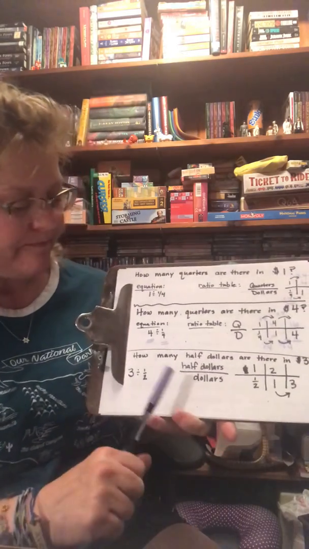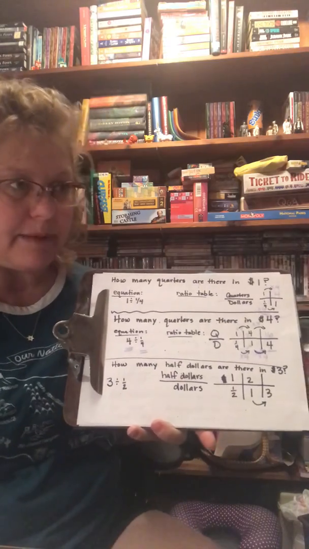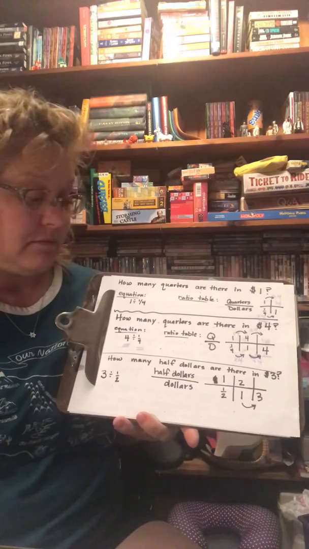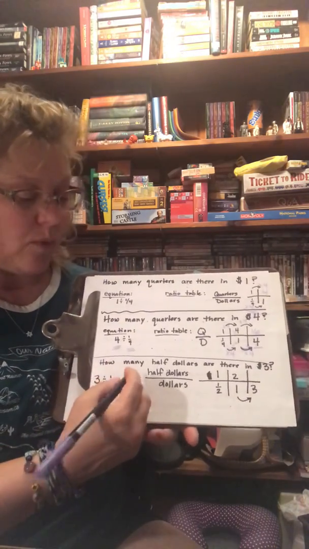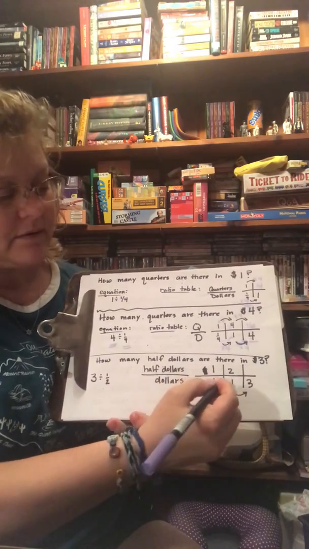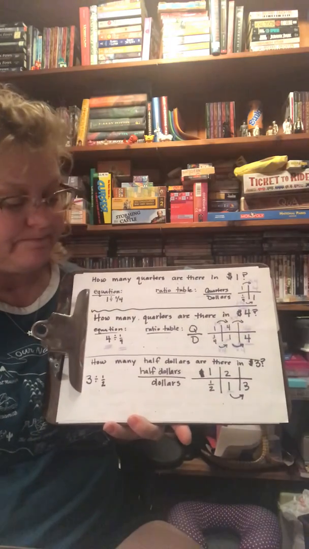You guys know that. Here's where we get a little more tricky, all right? Where we start to mix it up. How much is a half a dollar worth? Well, that's kind of easy right there. A half of $1. In $1, I know that I can have 2 half dollars, right?